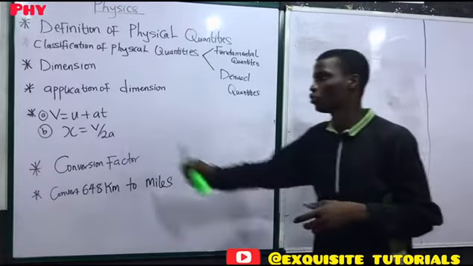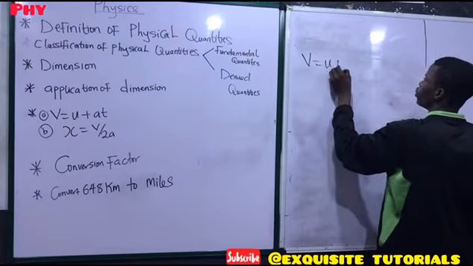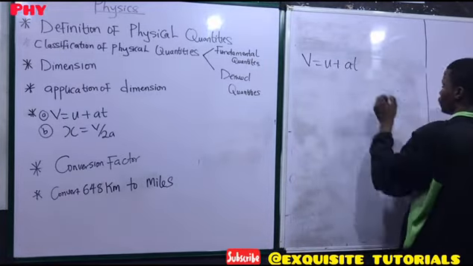So we're given two equations here. V is equal to U plus AT.